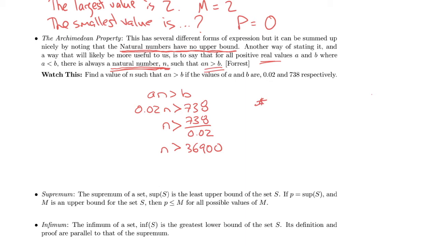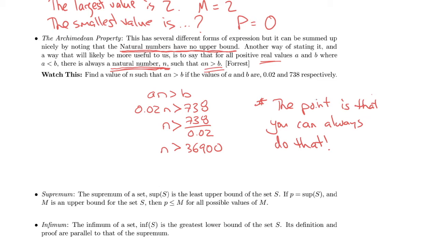Now, just so you understand, the point of this exercise is not finding n. The point here is that you can always do that. Just as an aside, it's worth noting that the Archimedean property amounts to saying that the natural numbers have no upper bound.